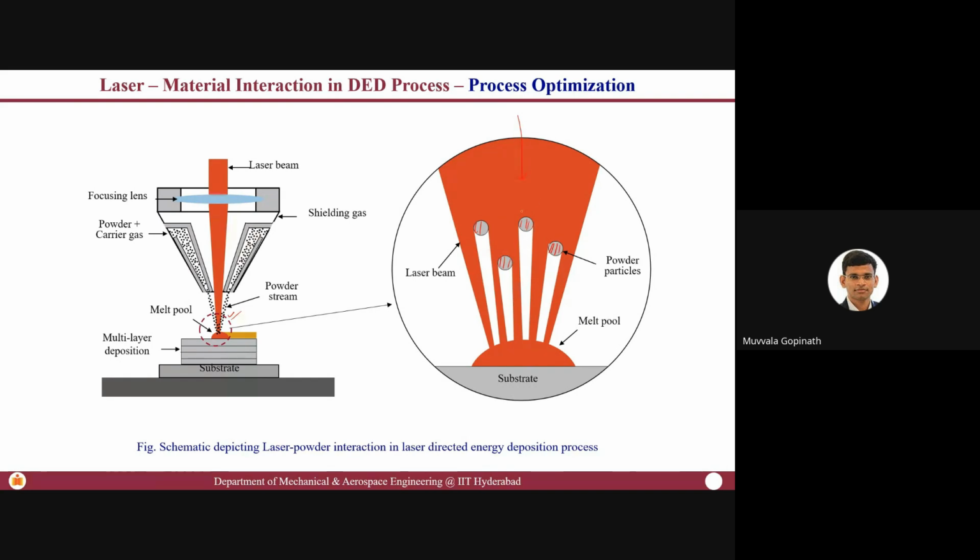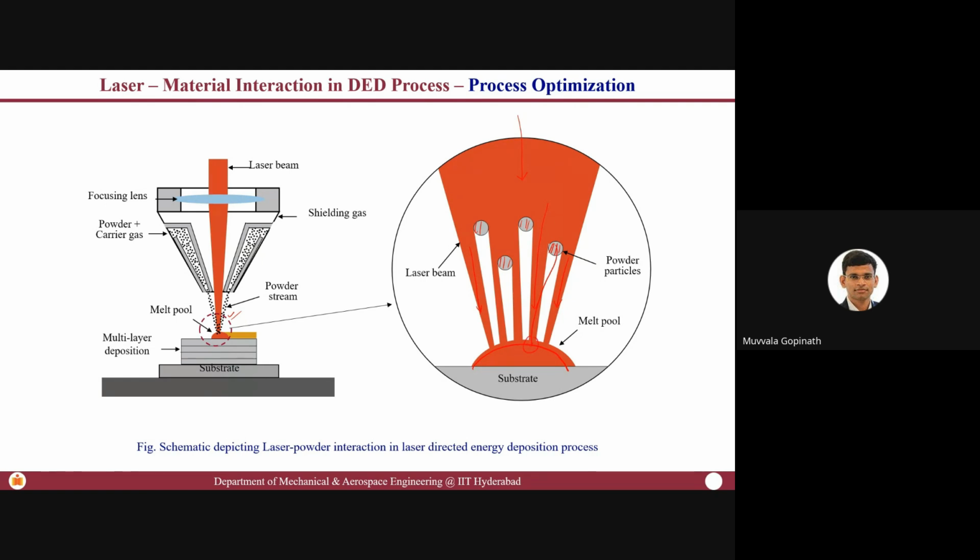Whatever laser passes through the powder cloud will actually reach the substrate. That laser reaching the substrate will create the molten pool into which these heated powder particles come and deposit.